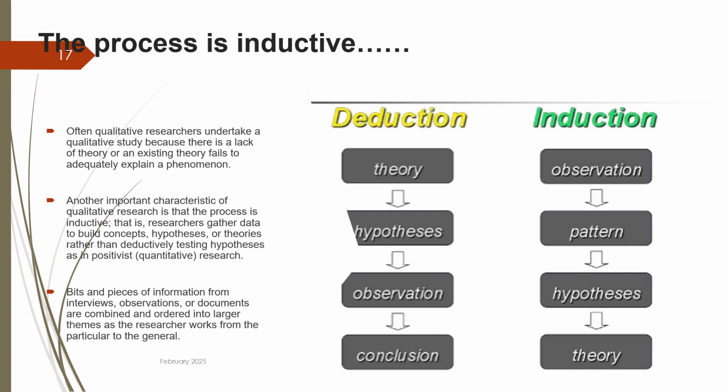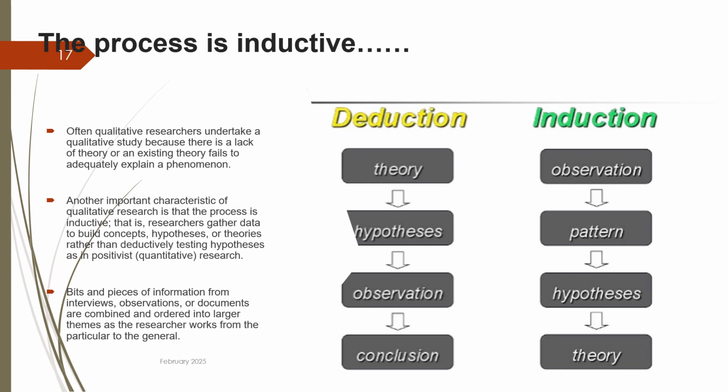So again, another important characteristic of qualitative research is that the process is inductive, which means the researchers gather data to build concepts, hypotheses, or theories rather than deductively testing hypotheses as in positivist quantitative research. So here we come to the important point that we talked about in the beginning of this lecture: deduction versus induction.